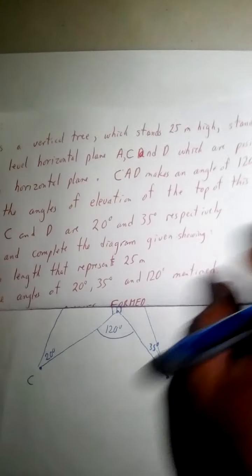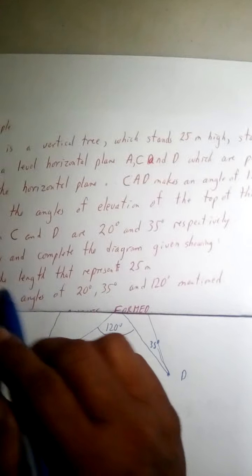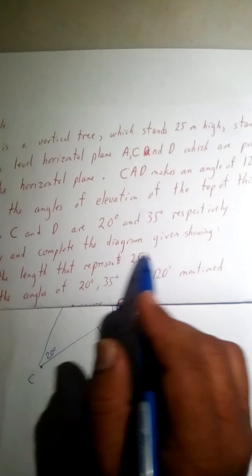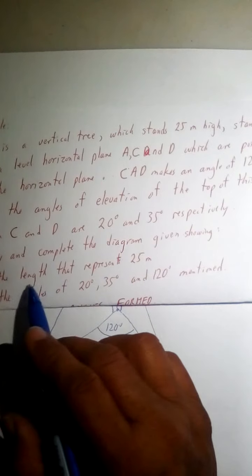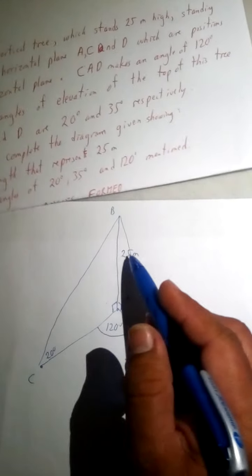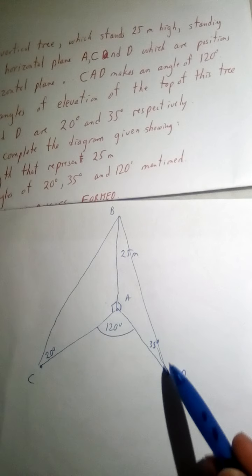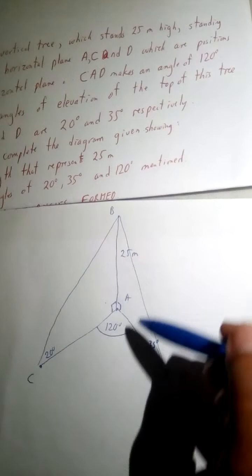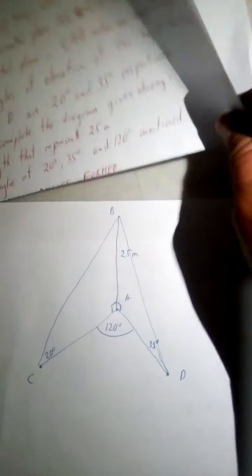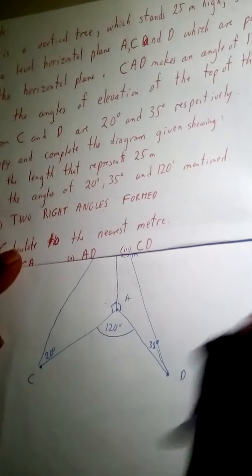Now, they said copy and complete the diagram given showing the length that represents 25. Okay, we did that. So we got that covered. The angles of 20, 35, and 120 mentioned. We got that covered also. Next part of the problem states the two right angles formed.